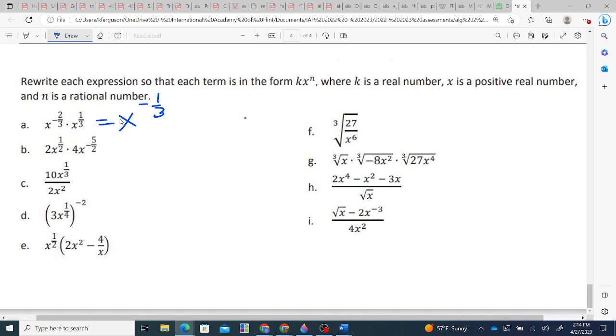All right, what about B? Okay, so the first thing I'm going to do is I'm going to have 8 because that's 2 times 4. And then, of course, I'm going to have X. And now I got X to the 1/2 and X to the negative 5/2. So what do I get?